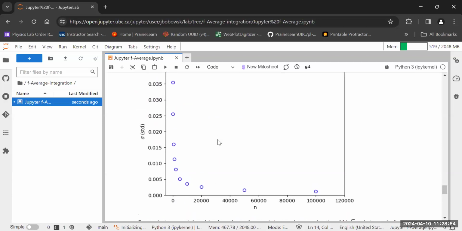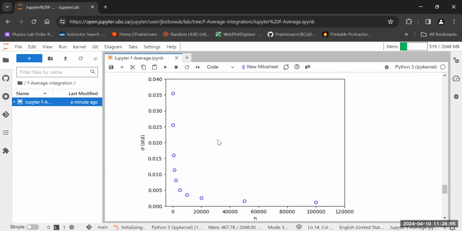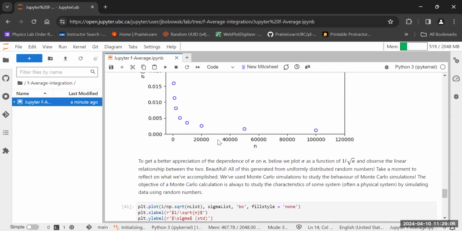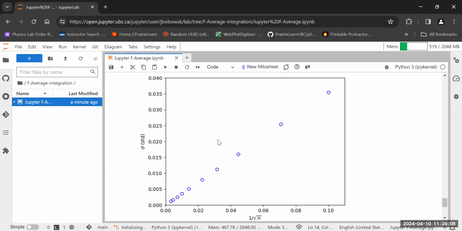This is the standard deviation of the histogram as a function of n, and this is 1 over square root n dependence. If we replot this as the standard deviation versus 1 over the square root of n, you get that linear plot, and that confirms what we calculated in our notes, that we expect our uncertainty in our numerical integral to go down as 1 over square root n.